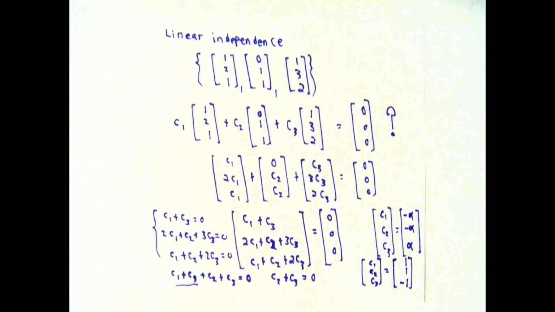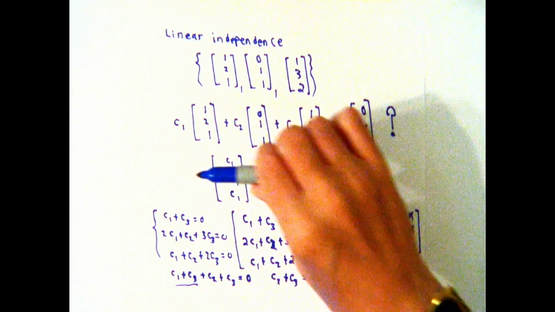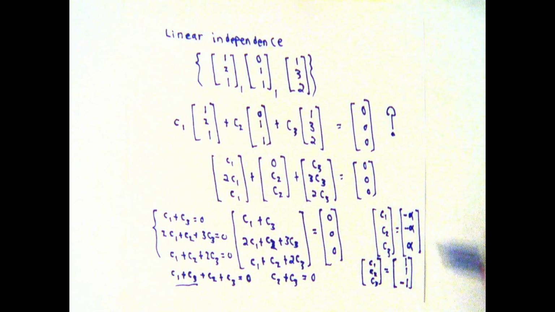For example, I can make the alpha -1 so that negative of alpha is 1, and allegedly there is a collection of coefficients, not all of which are 0. In fact, none of them are 0, but not all of them are 0, so that if I form this linear combination, I come up with a column of 3 zeros. Let's do a sanity check on that.